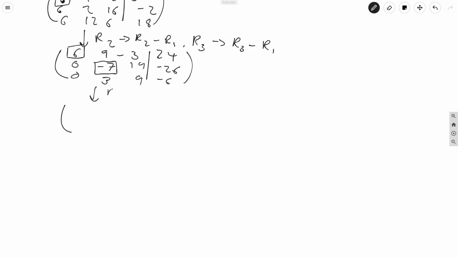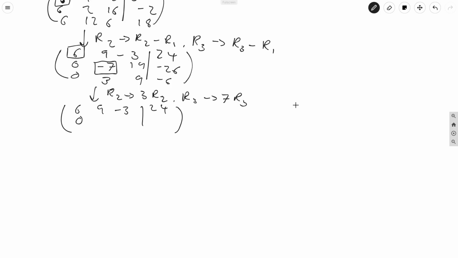To do that, we send row 2 to 3 times row 2, and row 3 to 7 times row 3. This is going to get us -21 here and a 21 here, and then we can just add those numbers together to turn this third row second entry into a 0. Okay, so the thing we're doing this line won't change the top row, so we'll just write that down.